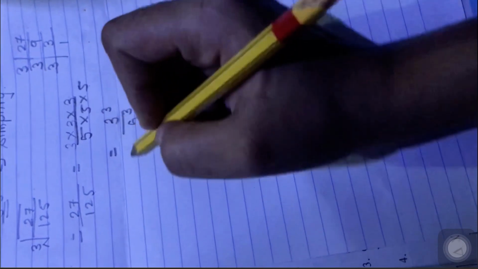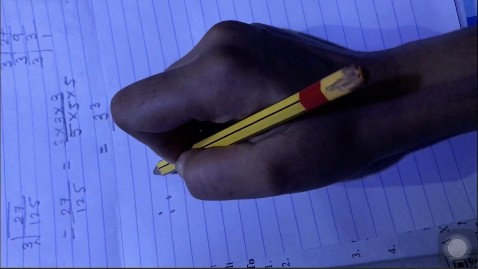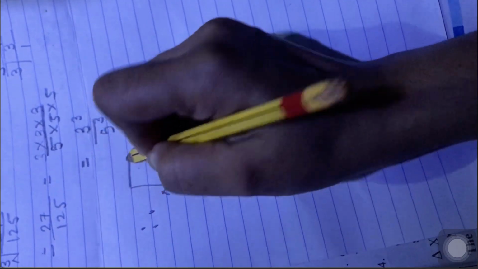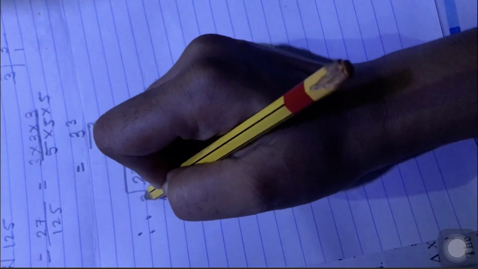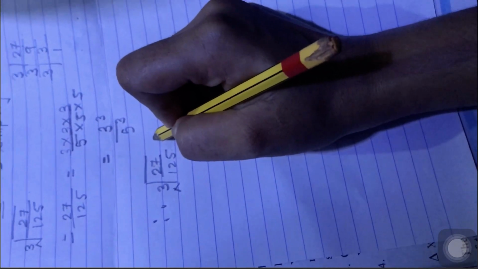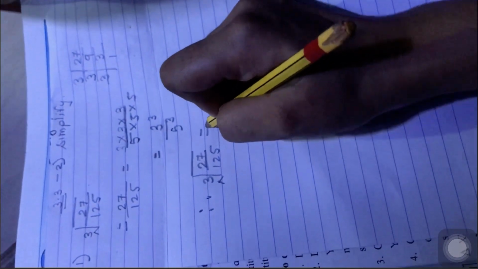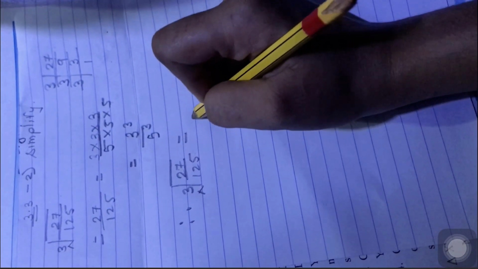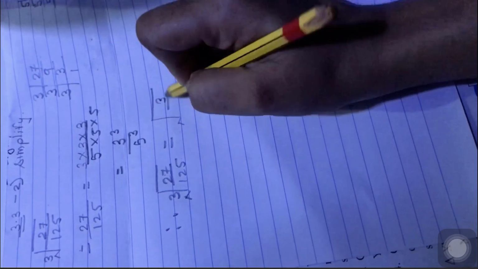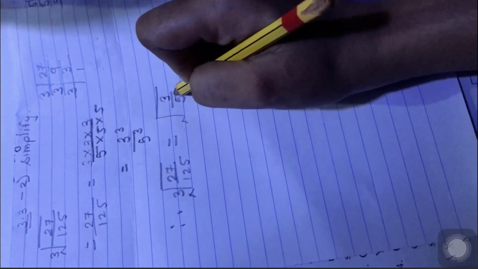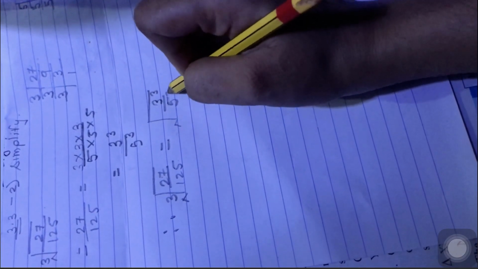So therefore cube root of 27 upon 125 is equals to cube root of 3 cube upon 5 cube, that is 3 cube, 5 cube.